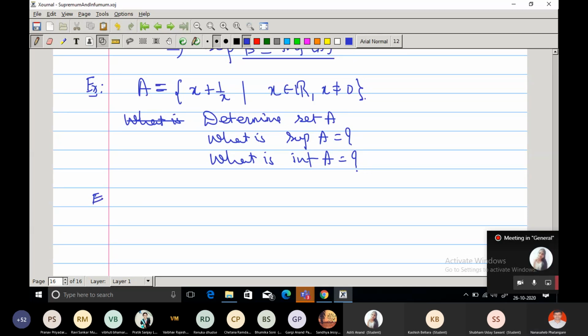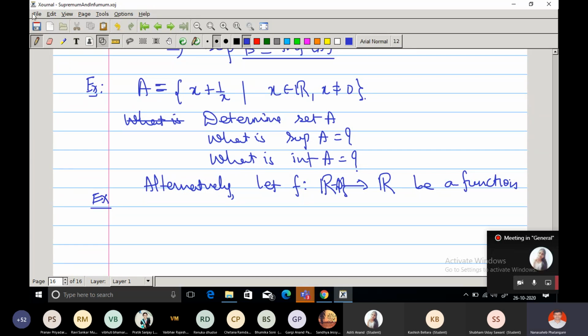From the function point of view, alternatively, let f from R minus 0 to R be a function.